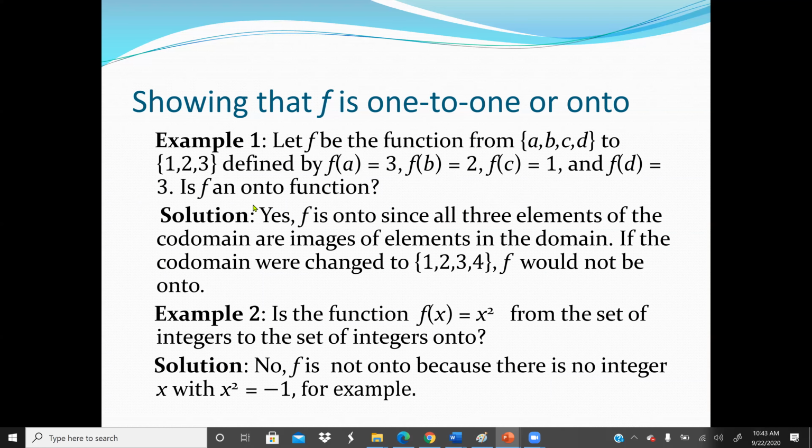Now the question says, is f an onto function? So we want to know that all the inputs will generate all the outputs. There will be no empty output. Our solution says yes, the function is onto, since all the three elements of the codomain are images.